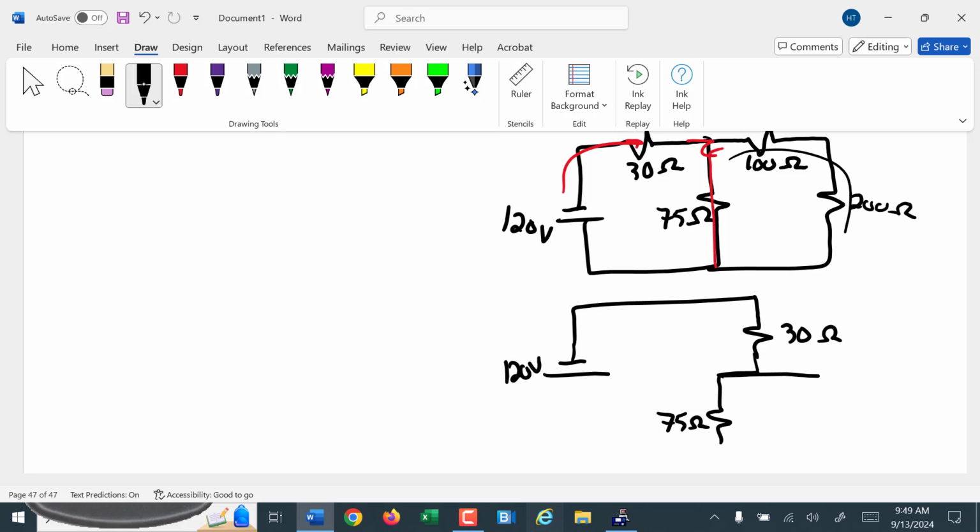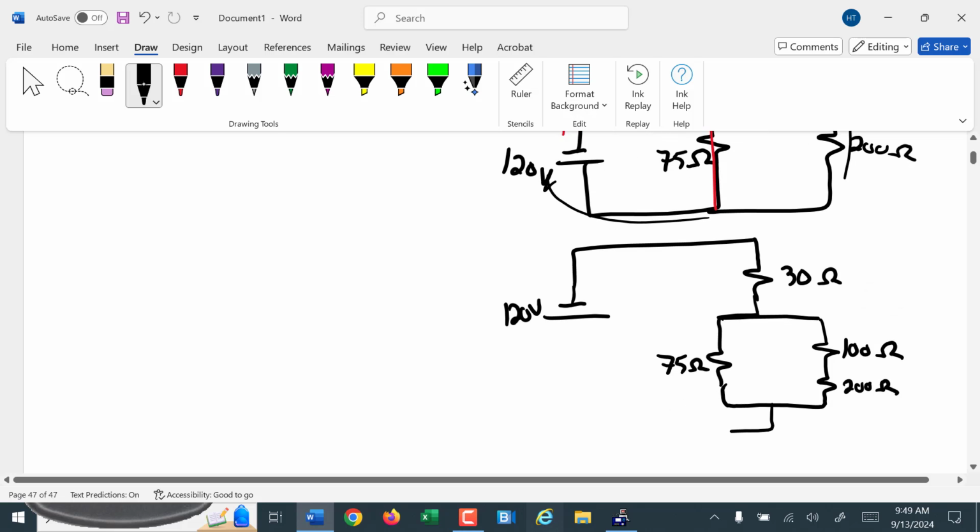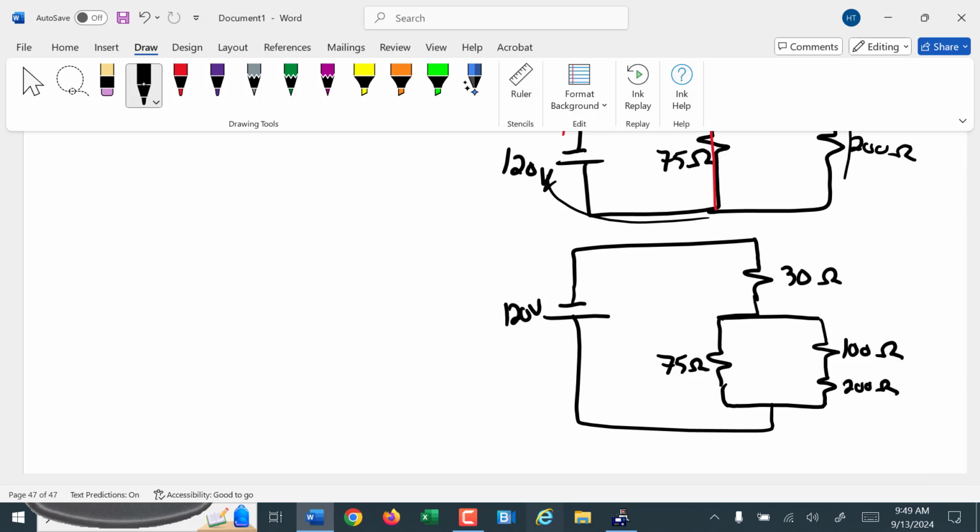On the other side of the branch I have the 100 and the 200 ohms. They come back together and then go back to the voltage source. So for me, redrawing it like this just makes it easier to analyze.